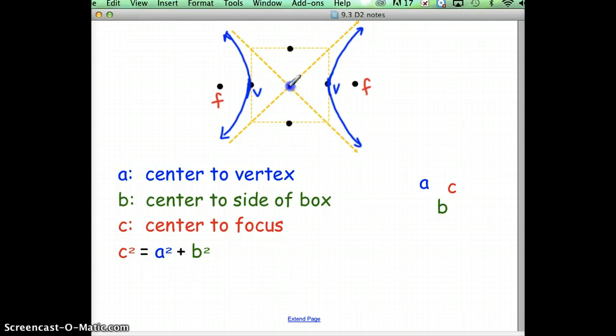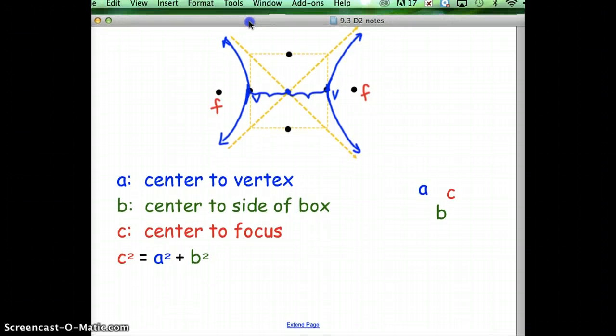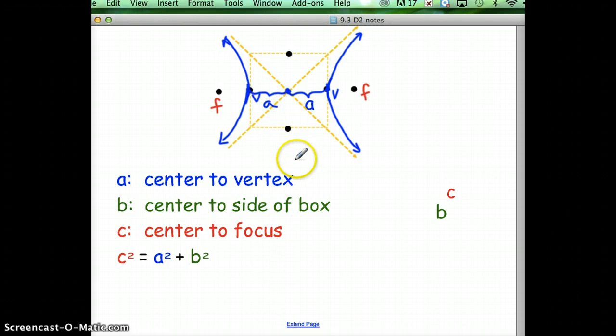If this is your center right here, the distance from the center to the vertex, either of those distances, is A. So A is going to go right there, and technically this would be another A right here.